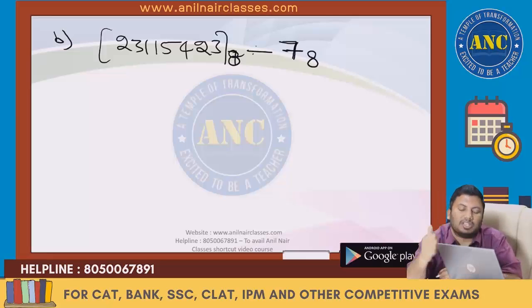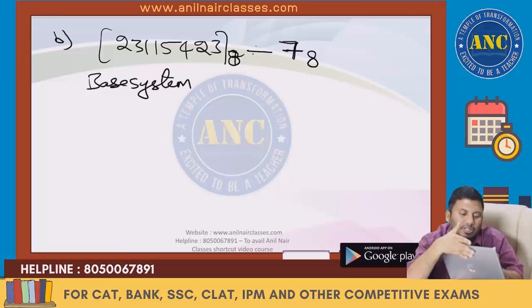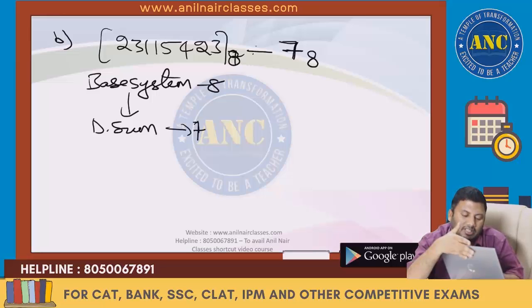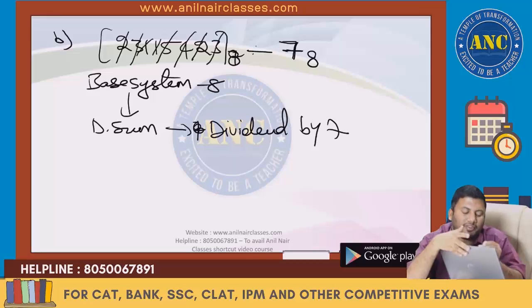In base system 8, digital sum will be the concept for dividing by 7. Are you all with me? 2 plus 5 is 7, 4 plus 3 is 7, 3 plus 2 is 5, 5 plus 2 plus 2. The answer is 0.